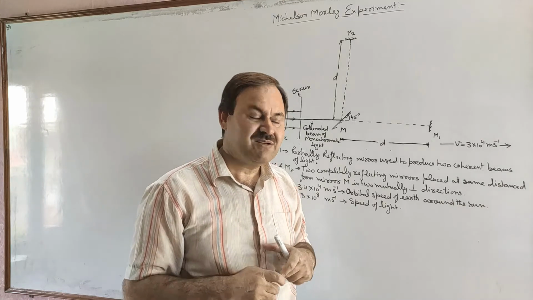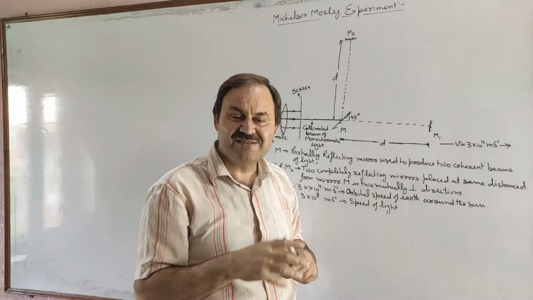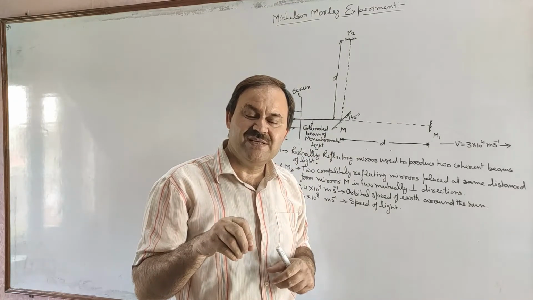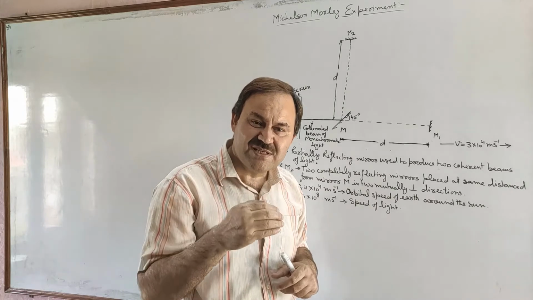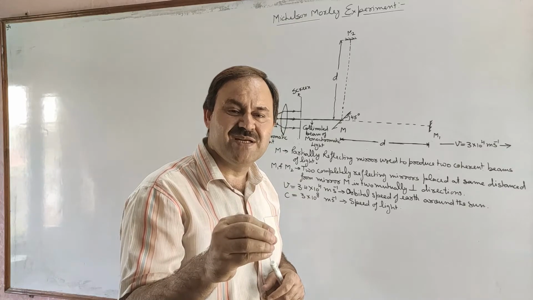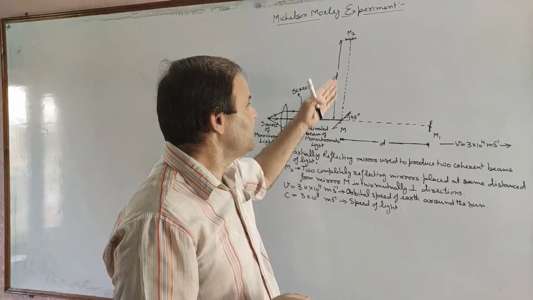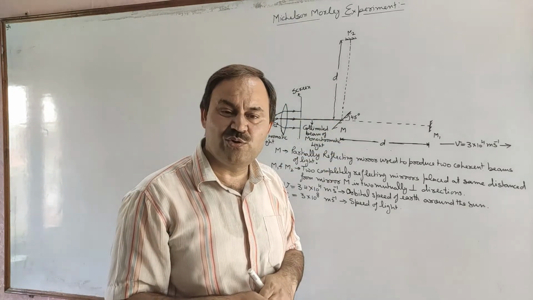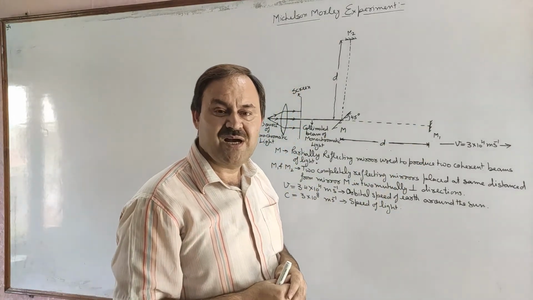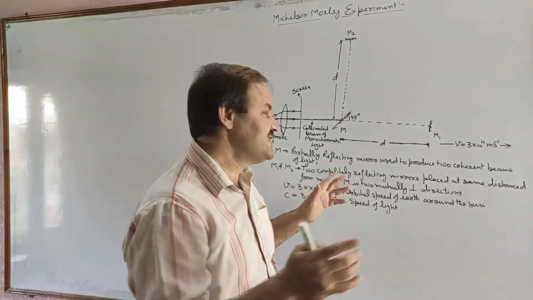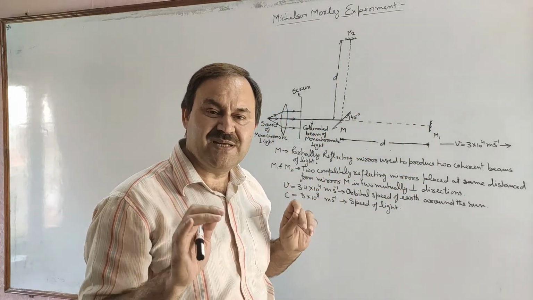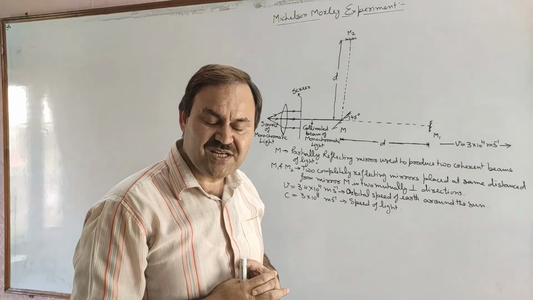Michelson and Morley rotated this apparatus through 90 degrees so that the fringes may shift in the field of view due to change in path lengths covered by light along two directions. These two mirrors M1 and M2 are placed at the same distance D from M but in mutually perpendicular directions.